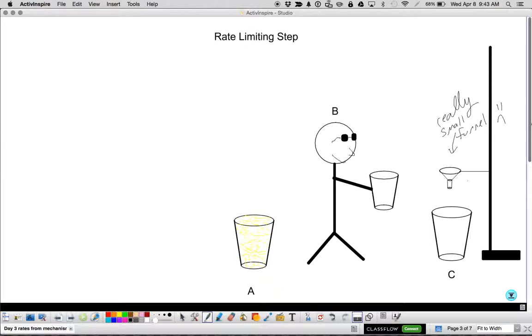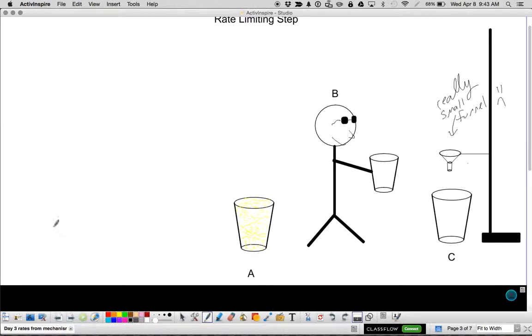Okay, so got a couple questions here. What is my overall reaction? Okay, I want you to pause and see if you can come up with the overall reaction.